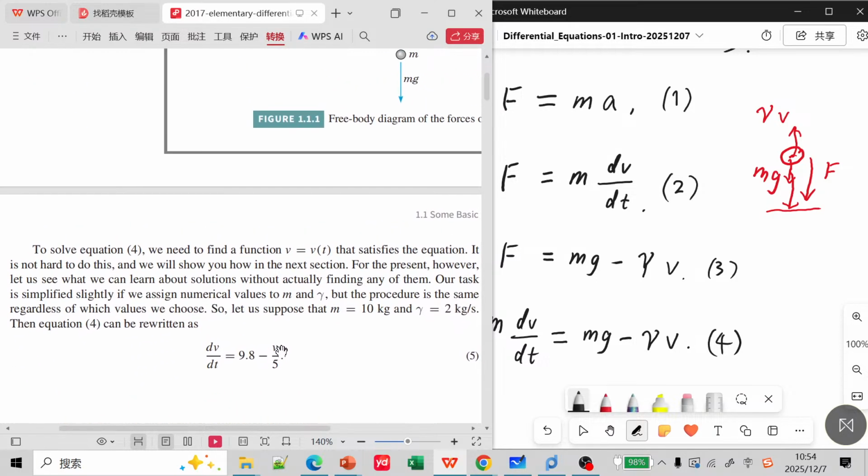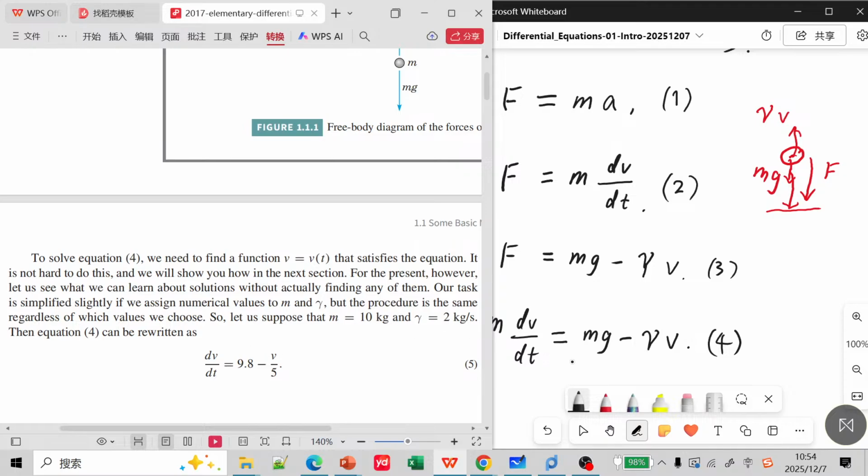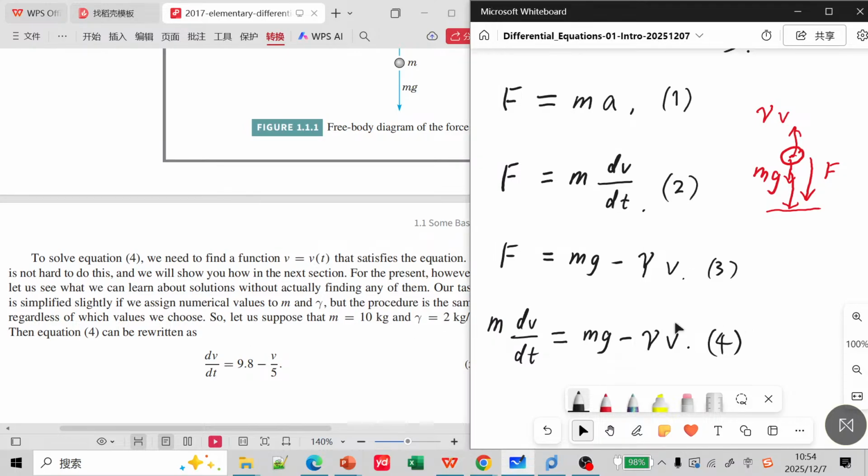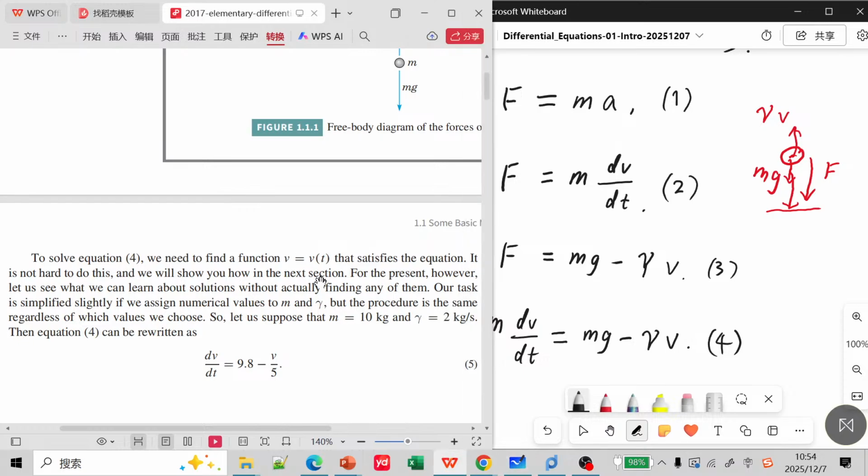Next, to solve this equation 4, we need to find a function v equal to v of t that satisfies the equation. This sentence means, what is it to solve a differential equation?